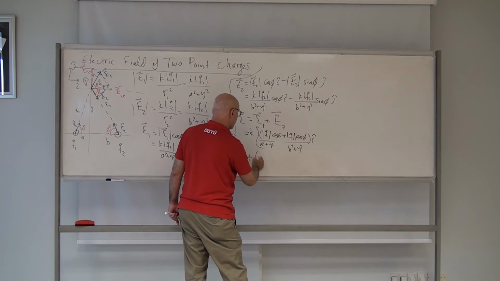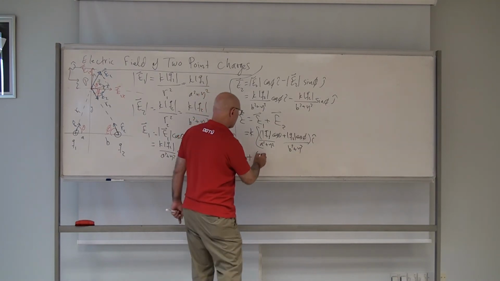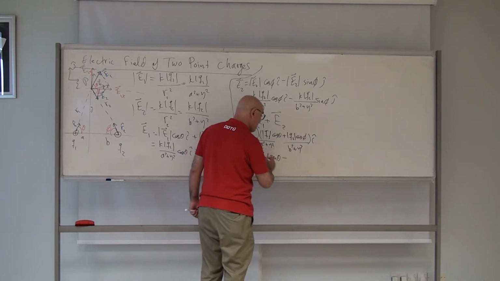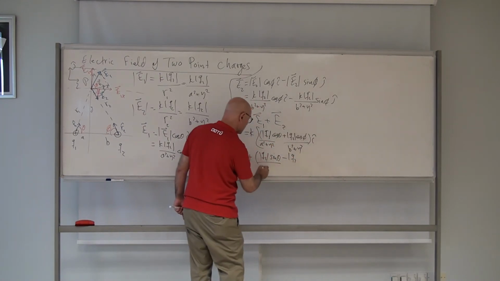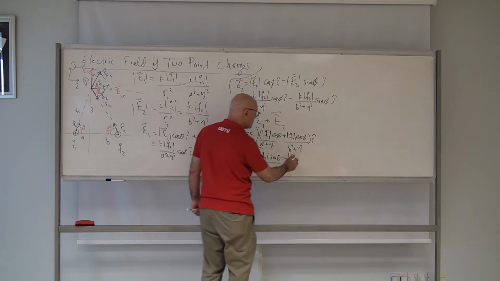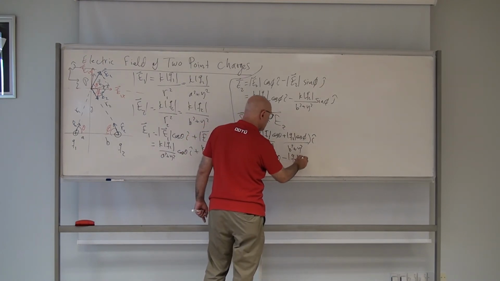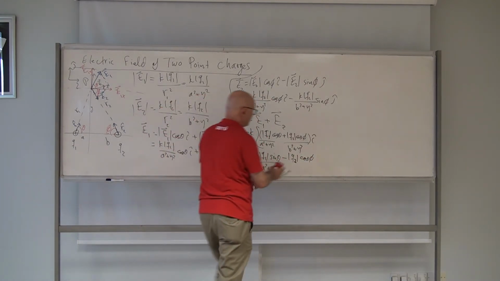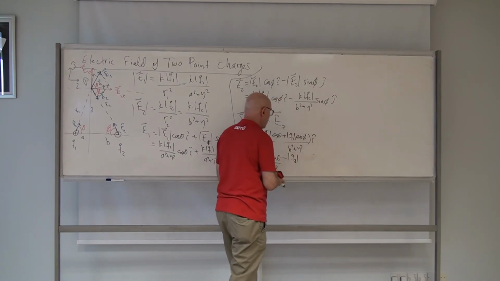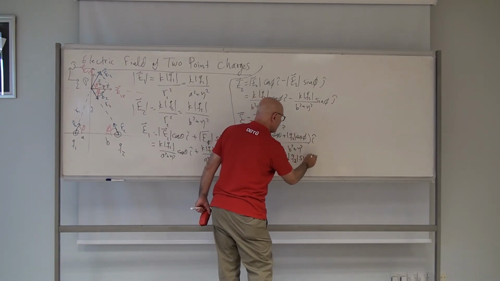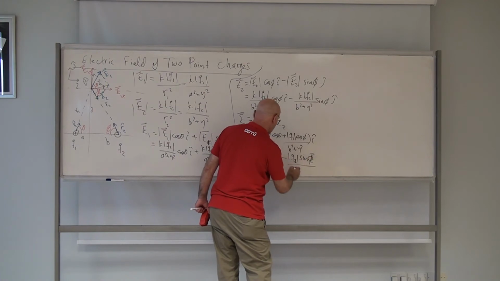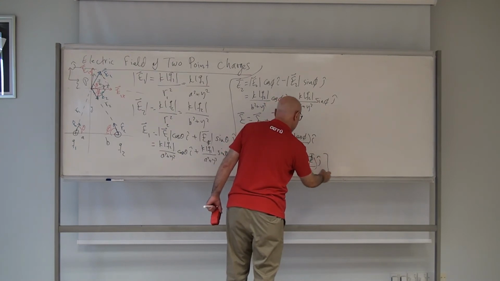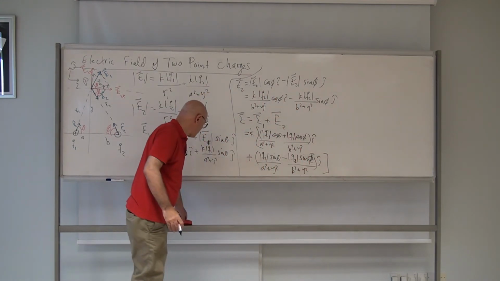plus q1 sine theta over a square plus y square, minus q2 sine phi over b square plus y square, along j hat, and k is multiplying the whole thing.